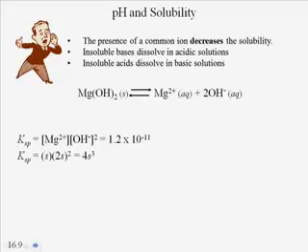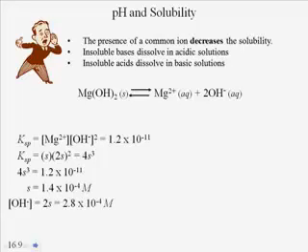So if we take a look at that, it's normal solubility. In regular water, 1.4 times 10 to the minus 4 moles per liter of magnesium hydroxide will dissolve. That gives us a hydroxide concentration of 2.8 times 10 to the minus 4, and a pH of 10.45 is typically what we will see when it's saturated.